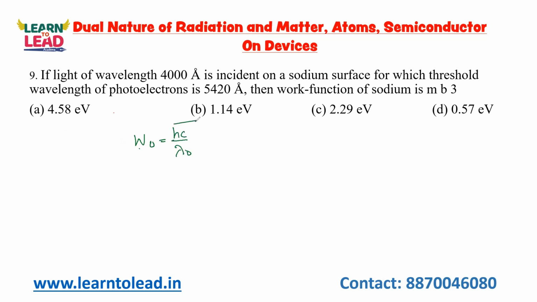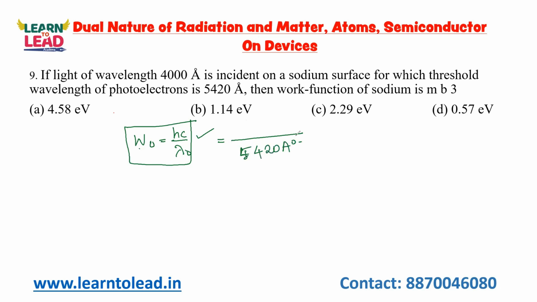Note down this formula. What topic are we studying today? Dual nature, right? In dual nature, work function is equal to hc by lambda naught. What is the h value? Lambda is given as 5420 Armstrong units.